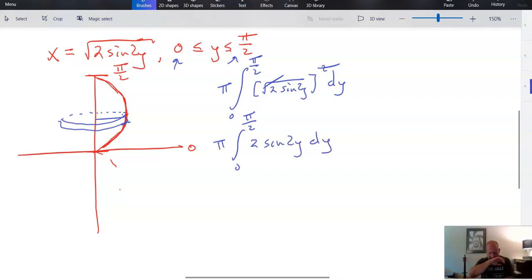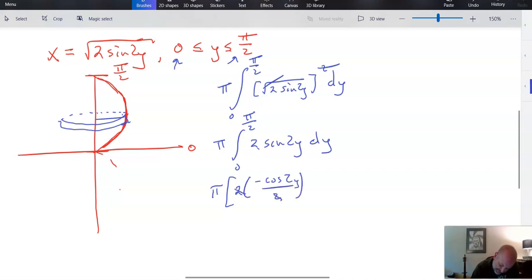Well, the integral of sine 2y is negative cosine 2y over 2. So this now becomes this. Put the pi on the outside again. This would be 2 times, I don't want to make that look like subtraction, negative cosine 2y over 2, right?